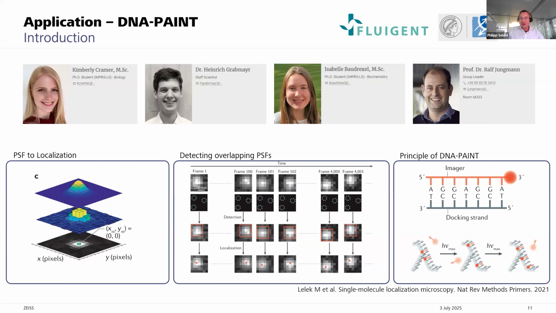The idea is that every target molecule is decorated with a so-called docking strand. Then you add imager strands to the solution, and only a subset of imager strands at any given time will reversibly bind the docking strand and become detectable by the imaging. If the molecules are in solution, because of Brownian motion, you will not be able to detect them. So here you have a natural blinking in DNA-PAINT.